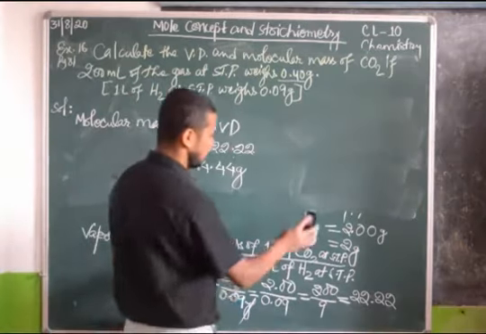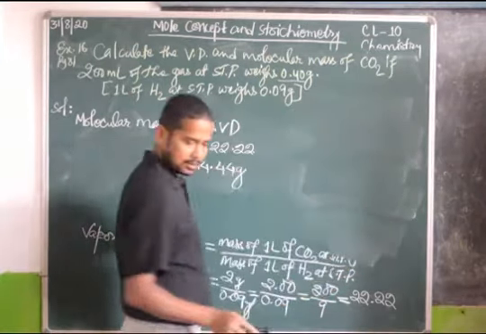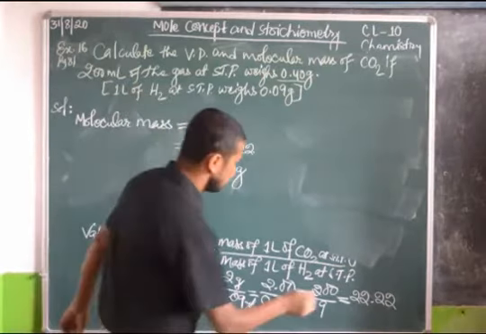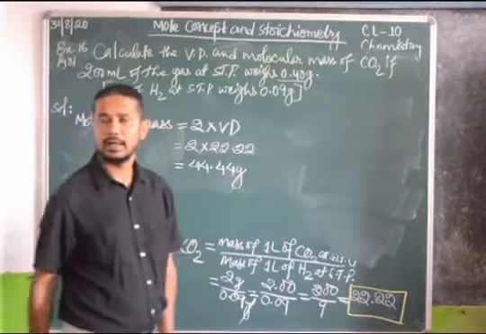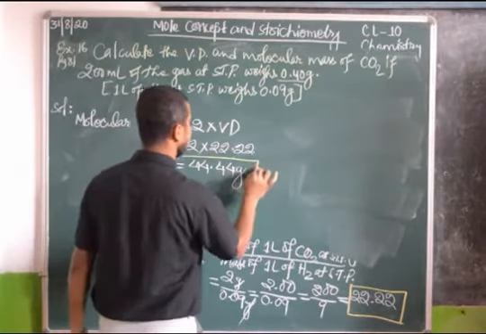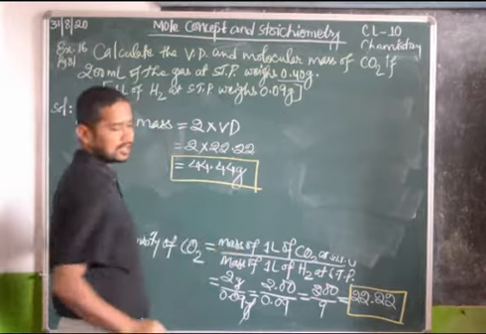So this is the vapor density of carbon dioxide, and this is the molecular mass of carbon dioxide.